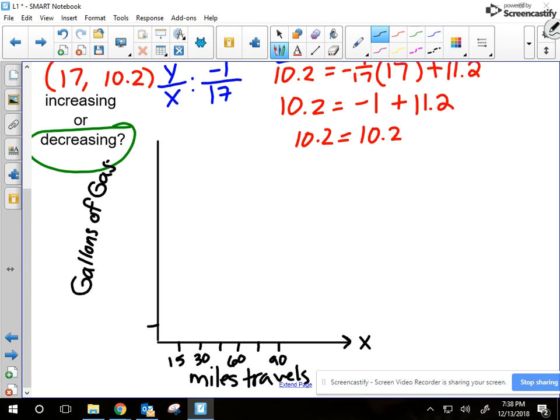So we have 1, 2, 3, 4, 5, 6, 7, 8, 9, 10, 11. You want all of the spacing in between to be the exact same, which is why you use your graph paper. Those blue lines are there for you. Each one of these hash marks should be one of those blue lines. And let's label them.